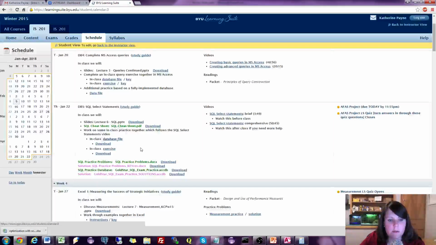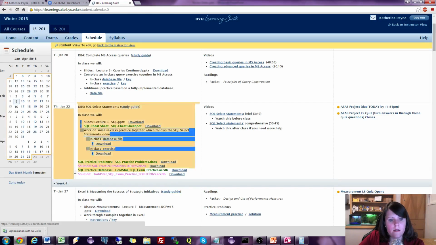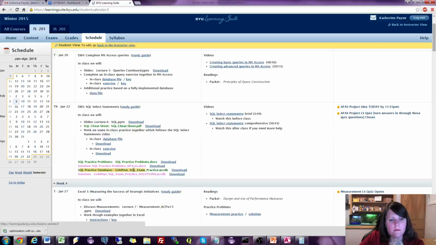Under Thursday, January 22nd, you've got the practice problems and the key. So essentially the text for the problems is in here, and the text solution will have the SQL formatted as you might see it on the exam. And then during the in-class portion, you'll download a database and need to create query tabs in it in Access, and the solution for that is right here.